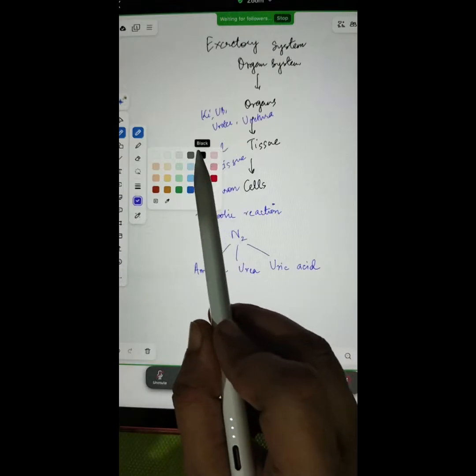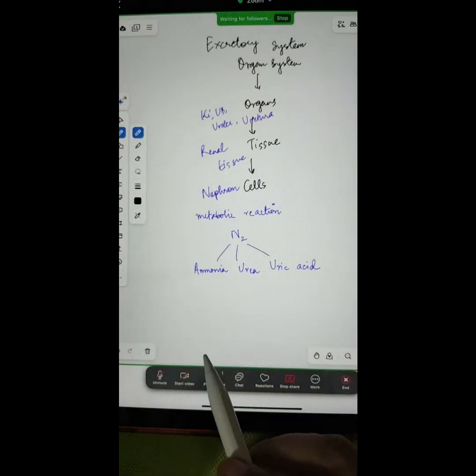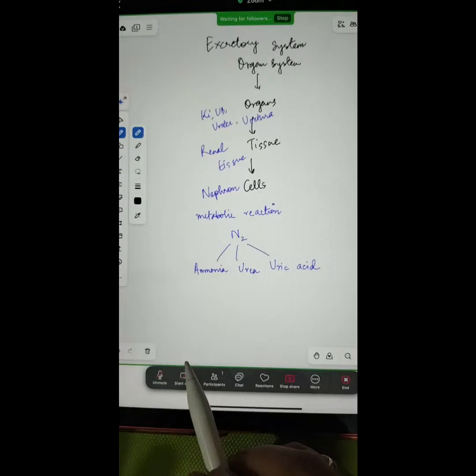In class ninth, you have already read that nitrogen is a very important element required for plant growth. It is also very important for human beings because nitrogen forms the main component of amino acids and also nucleic acids, the heredity material like DNA, right? So nitrogen makes up the proteins, and proteins are the building blocks.